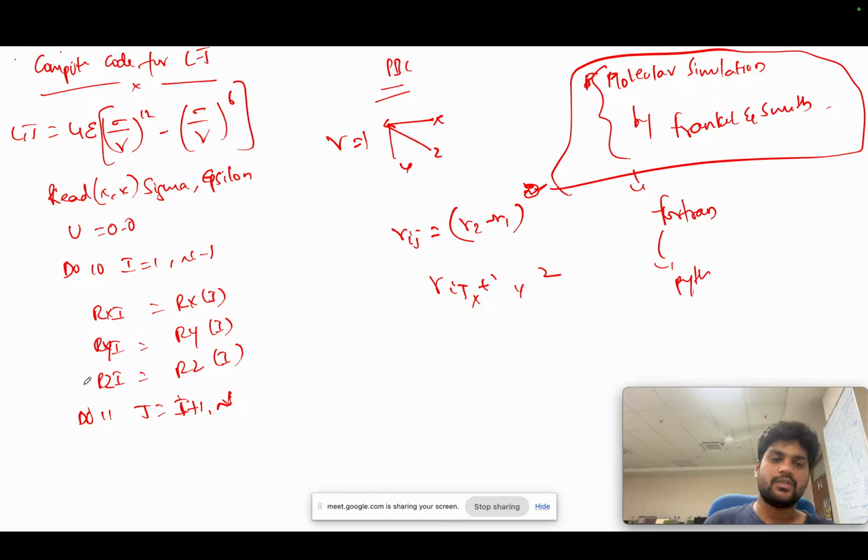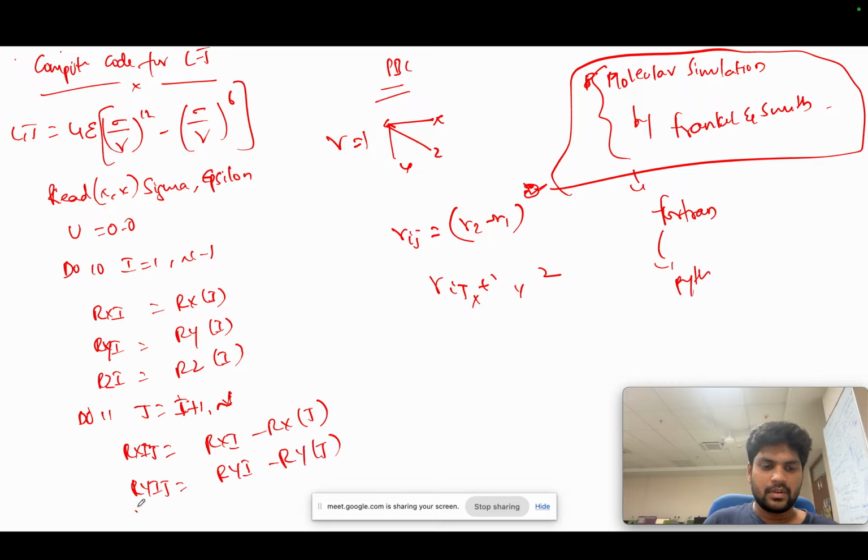Now rxij is equal to rxi minus rx of j, ryij equals ry of i minus ry of j, then rzij equals rz of i minus rz of j.